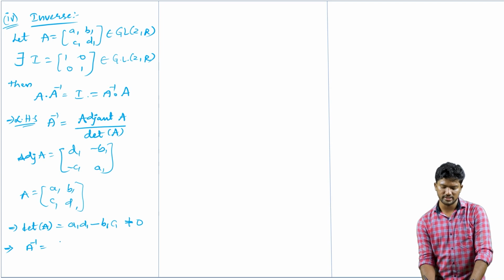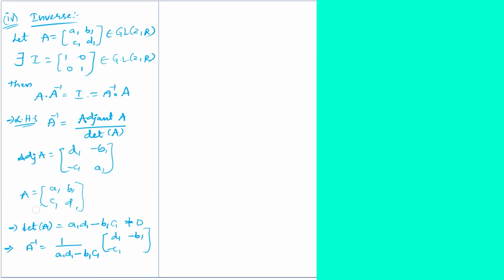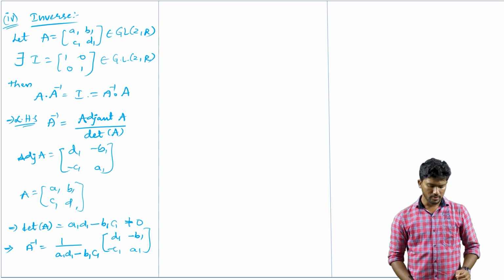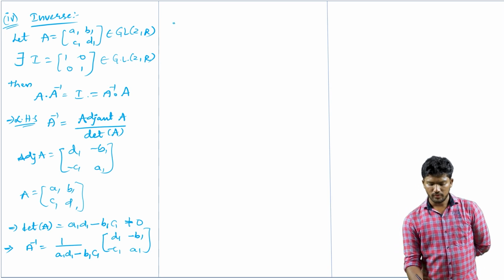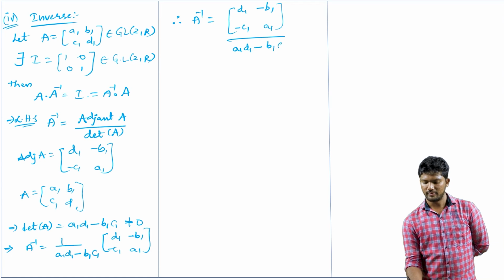Therefore A inverse is equal to 1 by (A1 D1 minus B1 C1) into the adjoint A, [[D1,-B1],[-C1,A1]]. So clearly we can write A inverse as [[D1,-B1],[-C1,A1]] divided by A1 D1 minus B1 C1.